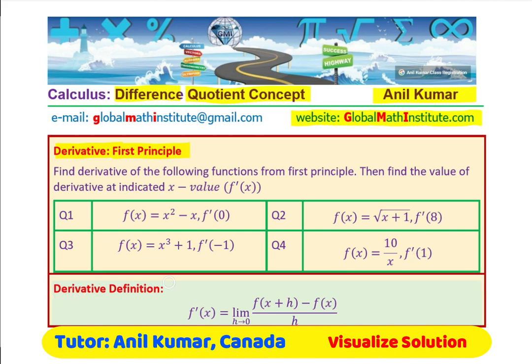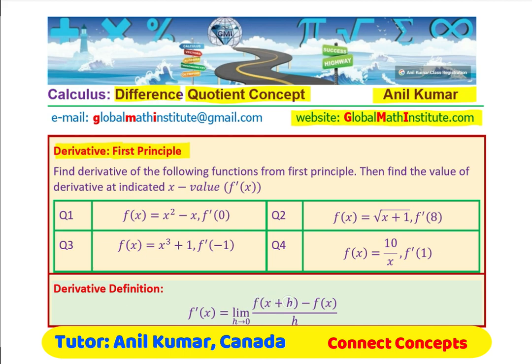So from derivative definition, we get this formula, which is actually called difference quotient. Limit h approaches 0 for f of x plus h minus f of x over h. So this actually gives you gradient of a tangent. As h approaches 0, the secant becomes a tangent, and so that slope becomes the slope of the tangent itself.